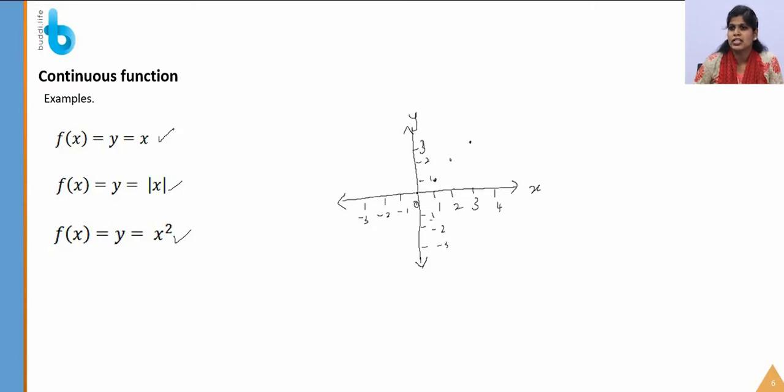Similarly, if x equals minus 1, y also will be minus 1, and x equals minus 2 means y also will be minus 2.